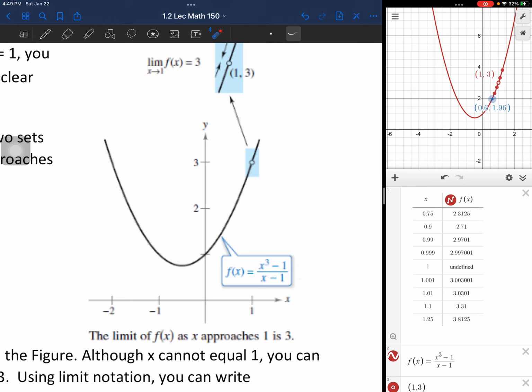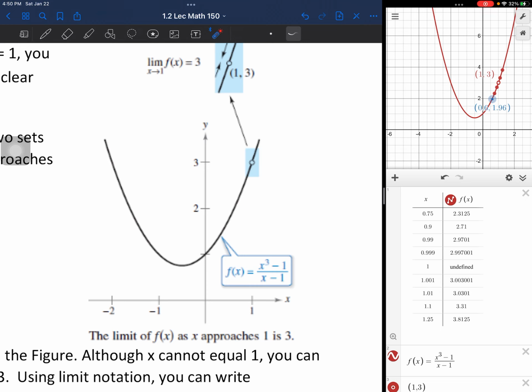But for now, for this section, we're going to take the numerical and graphical approach. So we're just going to use tables and a graph to give us a sense of what the limit of the function is.